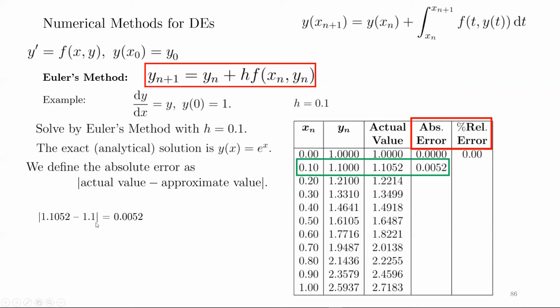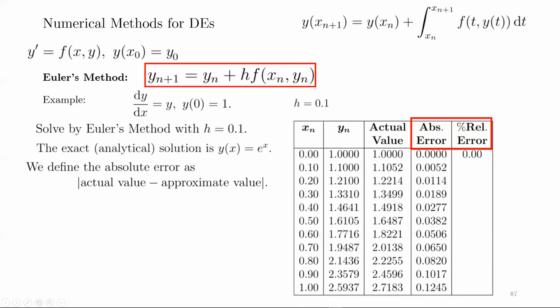We take the absolute value of that, so it's always positive. So if we do that calculation, the absolute error is 0.0052. And then we can do that for every step here. So for example, in this last line here, when x equals 1, 2.7183 minus 2.5937 equals 0.1245. So this is the absolute error between our actual exact solution and our approximated numerical solution.